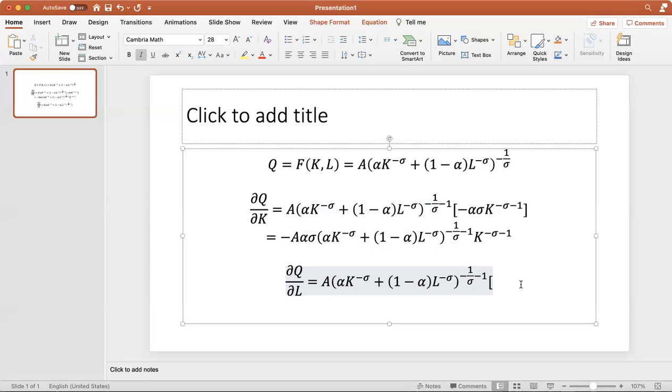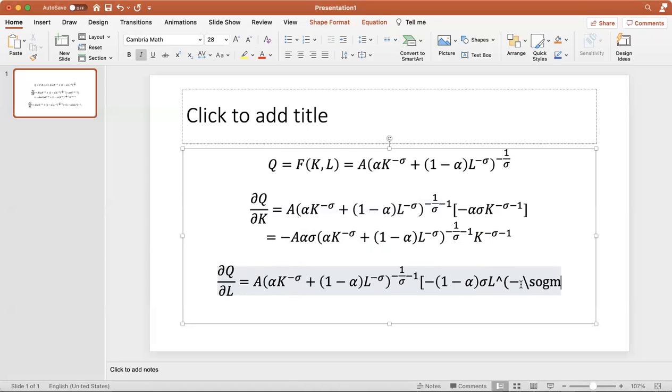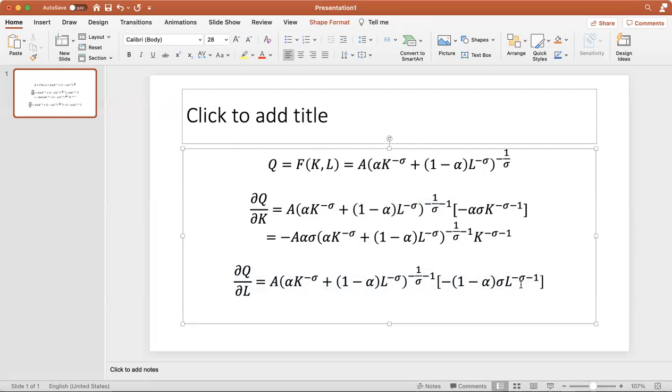So this is going to be negative sigma, or sigma for symmetry, negative (1 minus alpha) sigma, L raised to the same factor, negative sigma minus 1. All right. Or you can just move that out. Let's move that out here.